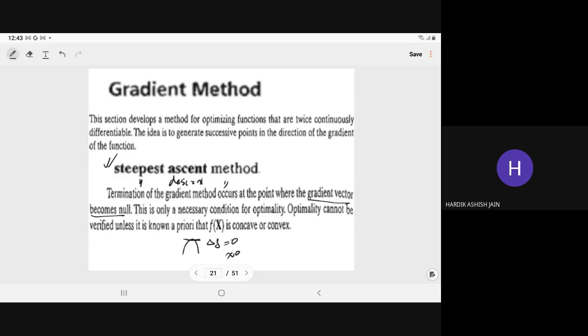Optimality cannot be verified unless it is known prior that fx is concave or convex. It only gives you the point of extremum; it will not tell you whether it is a maximum or a minimum. If you do not know the shape of the function, you cannot say whether it is the maximum point or the minimum point, because it gives only the point.